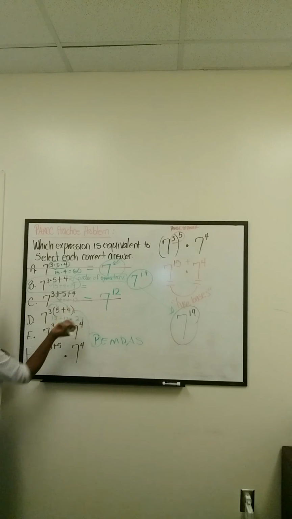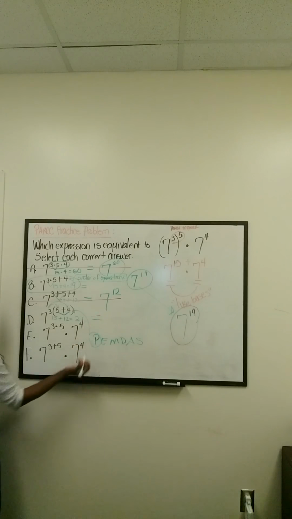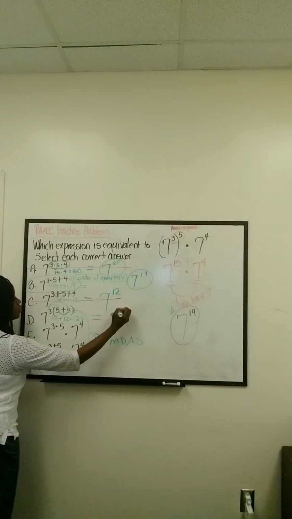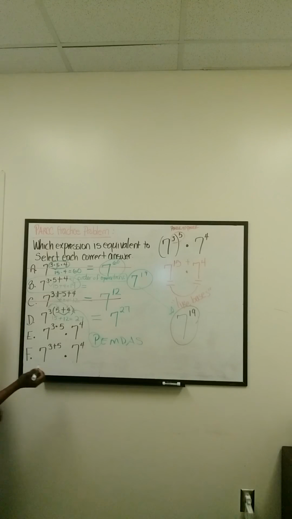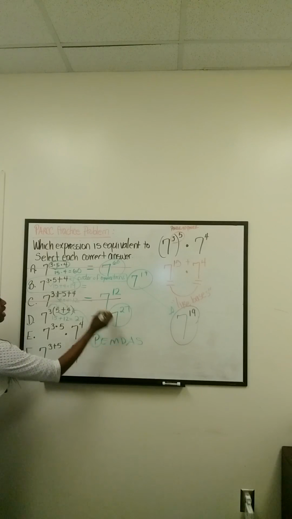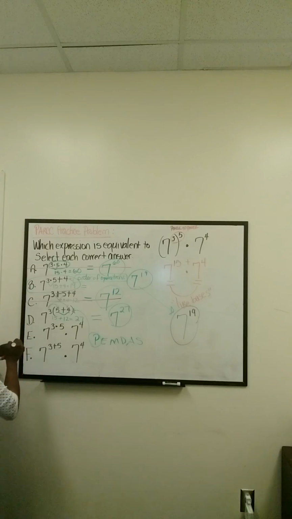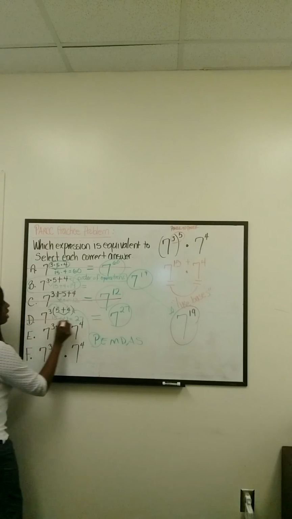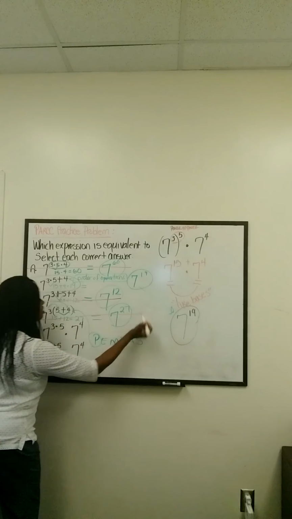So either way, we still get an exponent of 27. So our result here is 7 to the 27th. And when we look at the result from this expression, it does not match 7 to the 19th, so we eliminate that as well.